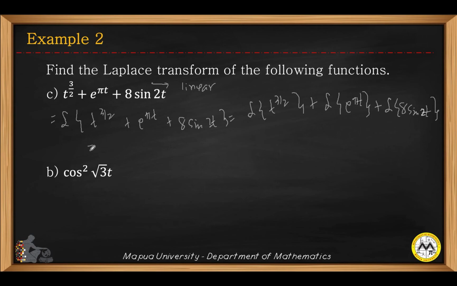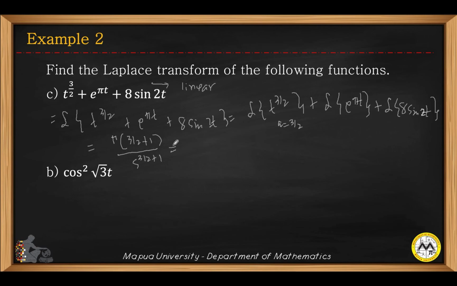Now here we apply the gamma function because 3 halves is not an integer. So your a here is 3 halves. Applying the formula, you have gamma of a plus 1, so gamma of 3 halves plus 1, over s raised to 3 halves plus 1.